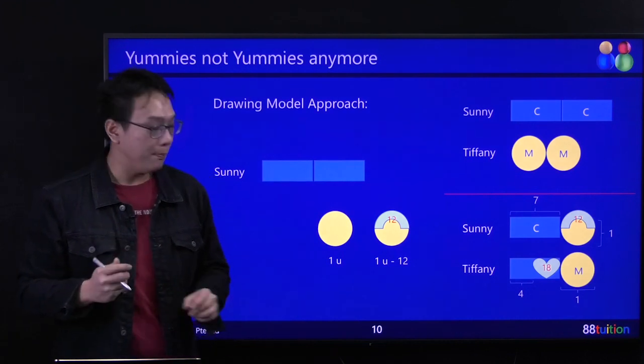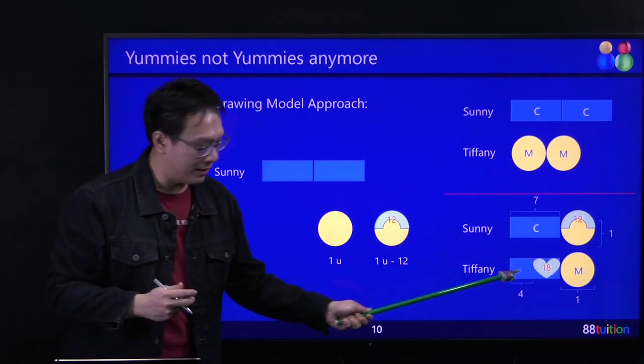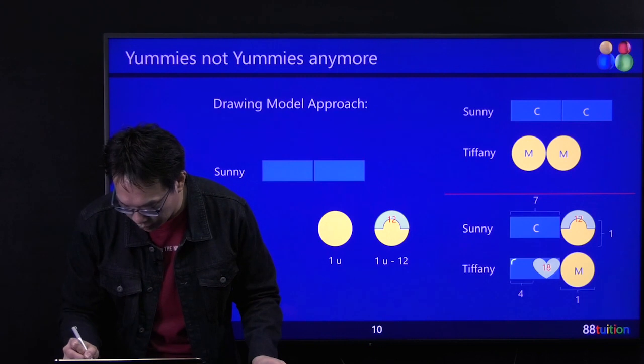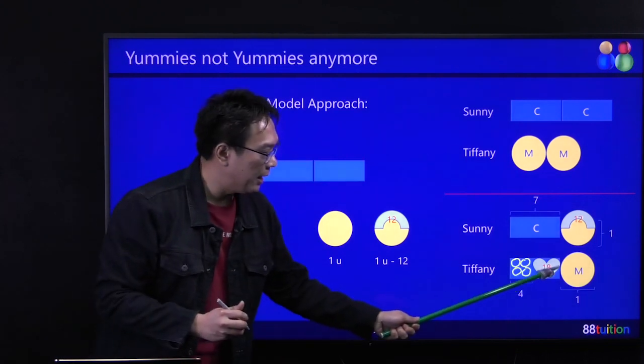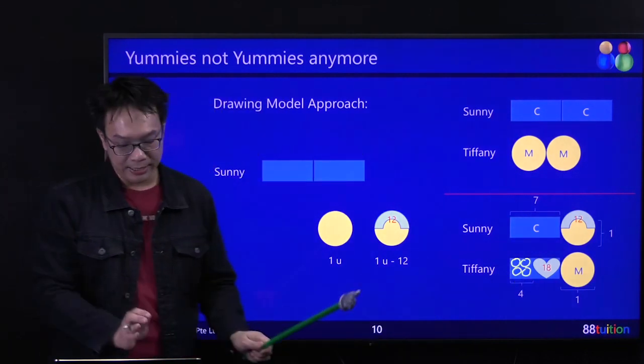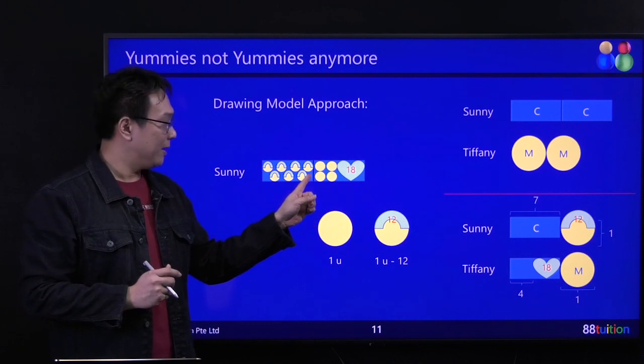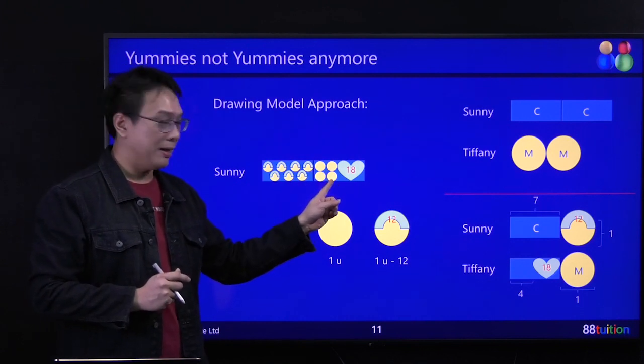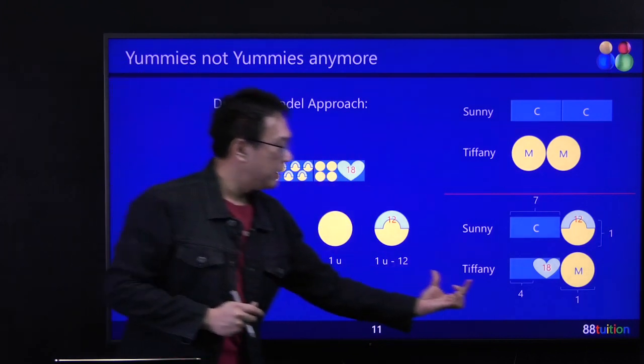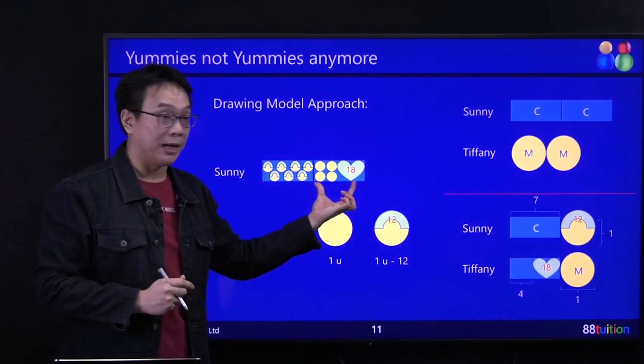Remember the 4 circles I drew just now, these 4 units? You must return this entire thing back to Sunny. The 4 circular units and the heart shape of 18 return from Tiffany back to Sunny.